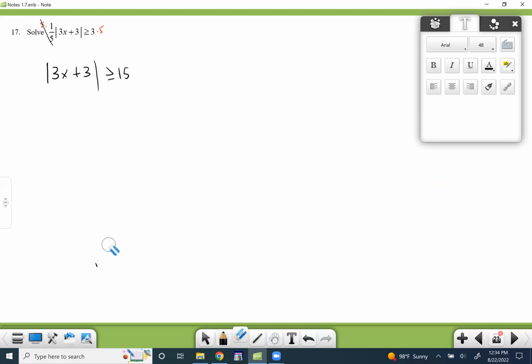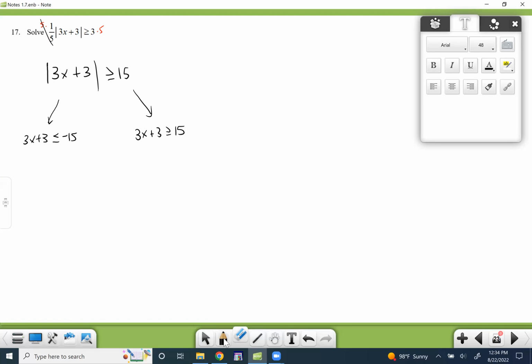Now, it's a greater than, so we know that we have to do 2 cases. One case that's exactly the same, and one case where I changed this sign and I changed this sign.